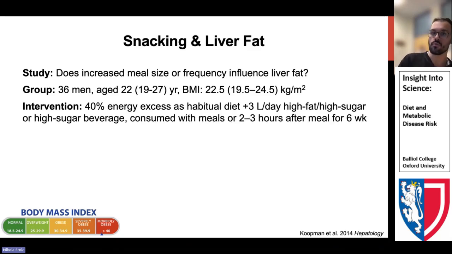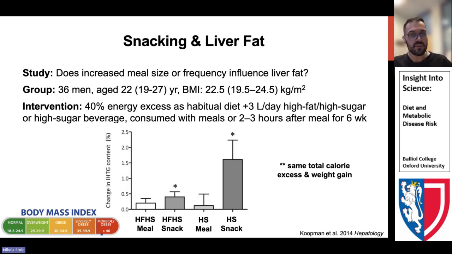And they got them to consume this drink either with meals to increase their meal size, or a couple hours after a meal in order to increase their meal frequency. And they did this for the course of 6 weeks. So all these men are consuming the same amount of total calories, but we've just increased the size of the meal or how often they're eating. And what this study looked at then was their liver fat.